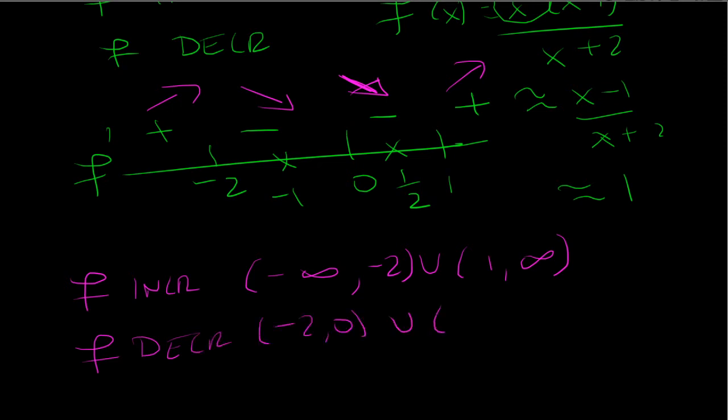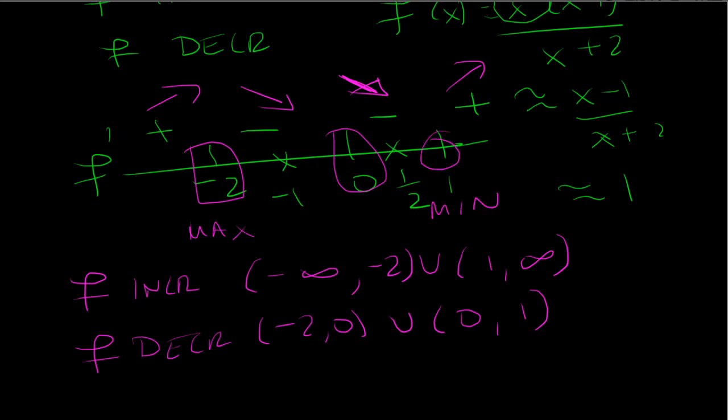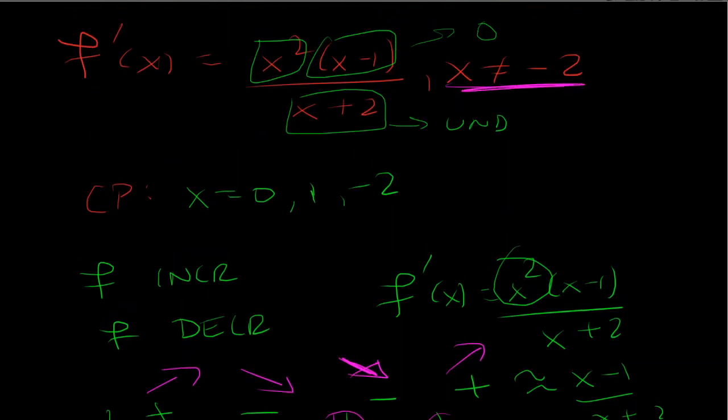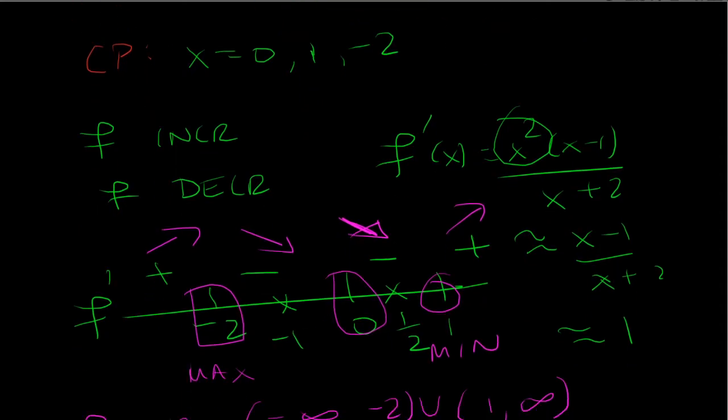And here we have to skip over 0 because the derivative there is 0, but we want it to be negative for decreasing. Obviously at negative 2 there's a max, and at 1 there's a min. But we said x cannot equal negative 2, so we're going to ignore this. That is not a max.